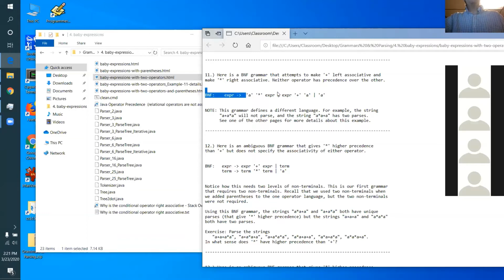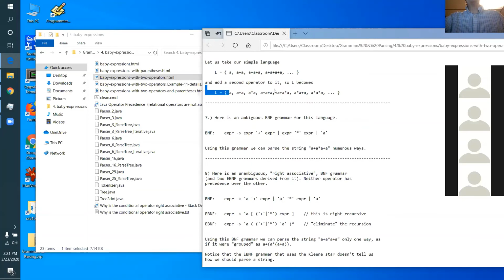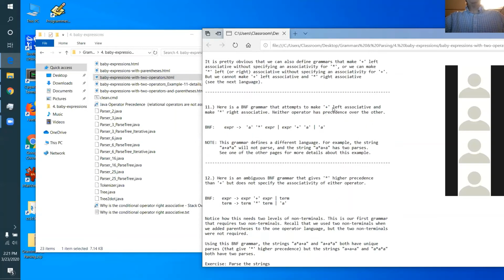This thing looks like it would be okay, but it actually isn't. It is no longer this language. Let's see if we can see why. It actually is no longer the language we started with. It looks like I have a multiplication and addition. Multiplication is right associative. Addition is left associative. But something's gone wrong.